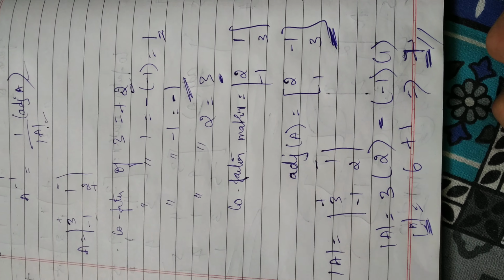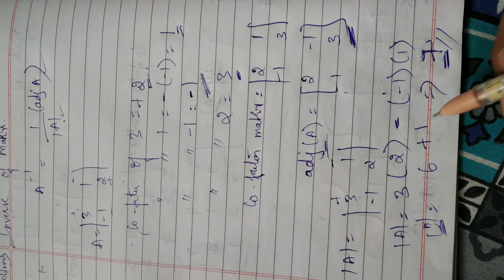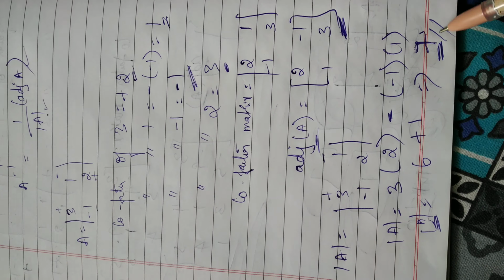Now we have both things: the adjoint matrix and the determinant value. As we have learned, a determinant is a value, a real number that we generate. Now finally apply it in the formula.